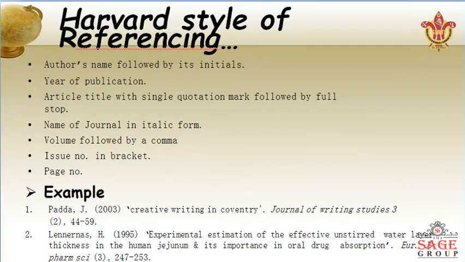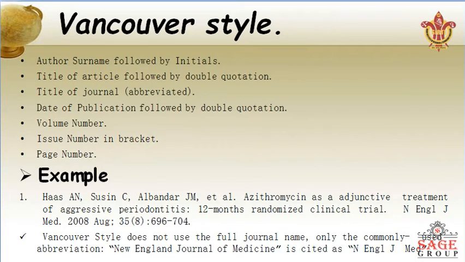Next we have the Vancouver style. In the Vancouver style, we give the surname first followed by the first name, and then the title of the article. Then we give the journal name, but the journal name is not written in full form.